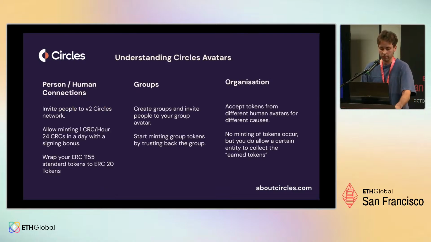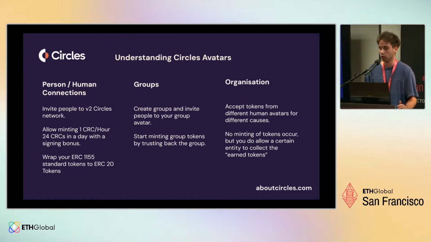So with the SDK, you can create the 3 types of avatar: human, groups, and organization. For human, like I said, you need to get invited. So there is a function in the SDK that lets you invite an address, a wallet address, to the Circles network. And then when it's done, he can register and start minting his own tokens at a rate of 1 token per hour.